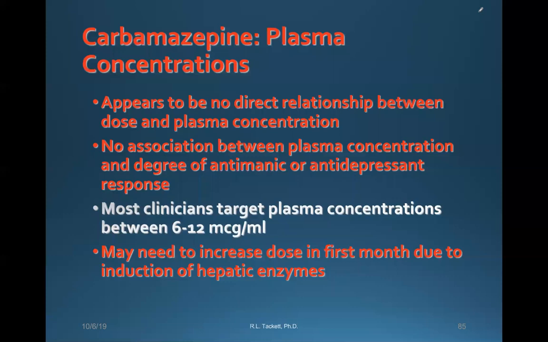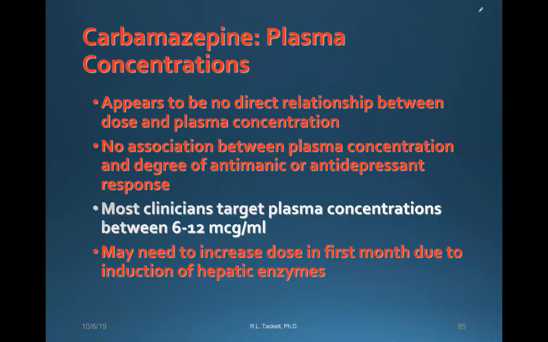What we're doing with plasma concentrations is checking that we're in the therapeutic range. That doesn't mean that we should be having a response, but most people, if they're in the therapeutic range, we should be seeing some response.